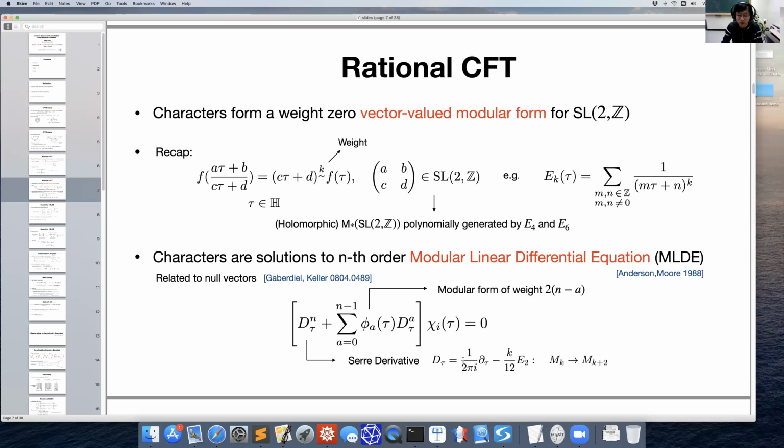However, if you make this combination, you can cancel the terms that do not transform modular covariantly, such that this D tau actually maps a modular form of weight k to a modular form of weight k plus 2. And also the coefficients here, phi a, are modular forms of the corresponding weight, such that this expression increases the weight by 2n. Okay, so this is our so-called modular linear differential equation.